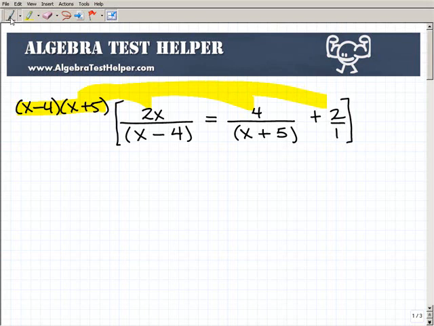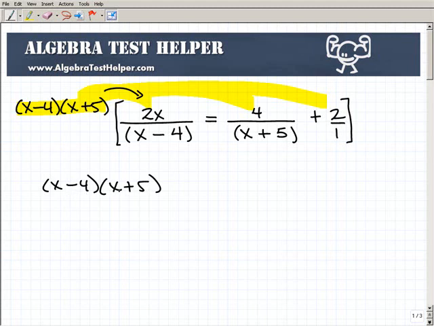All right, so let's start with the first one here. x minus 4 times x plus 5 times 2x over x minus 4. When you do this, the x minus 4's go away. I'll just show you this real fast, because I don't want to make this too lengthy of a video, but let's look at this so you understand.